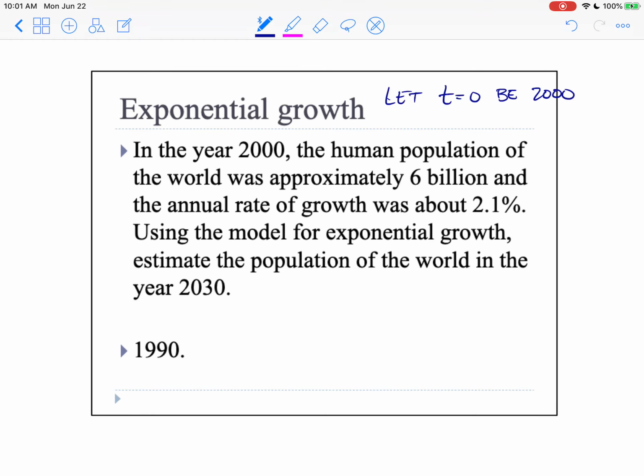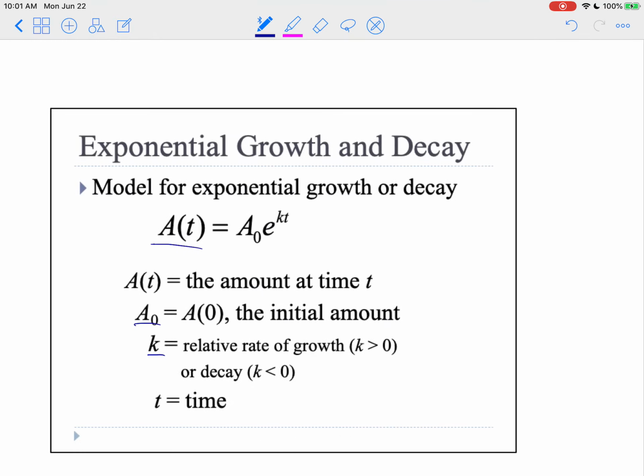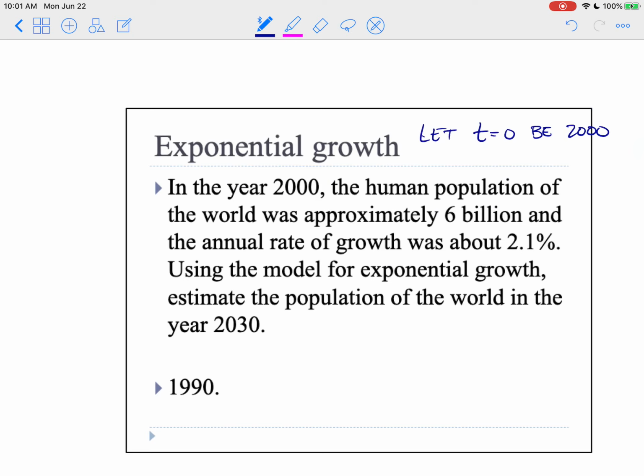That way, when I use my exponential model, which is right here, since this is population, I'm going to call it P of t, equal to 6, and I'm not going to write the 9 zeros that follow 6. I'm just going to say that P is in billions. So 6 times e to the 0.021 t.